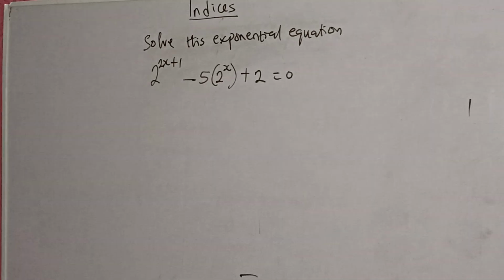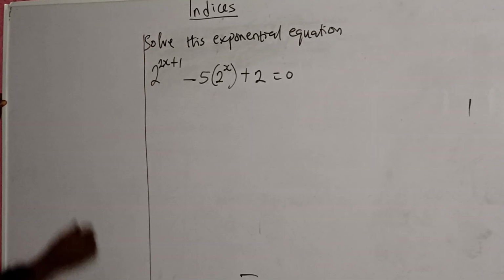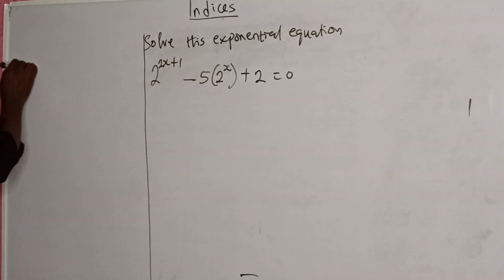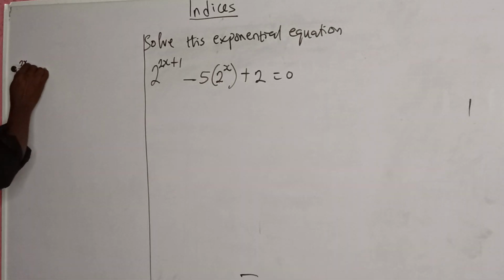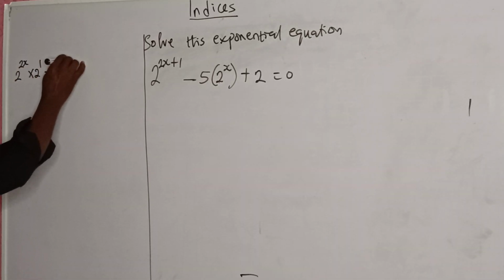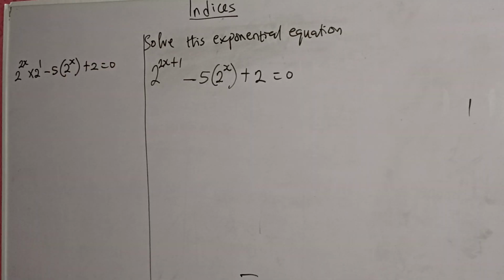So this is what it will give us. We are going to have 2 power 2x times 2 power 1, minus 5 open bracket 2 power x close it, plus 2 equals to 0. You know that 2 power 1 is the same thing as 2.